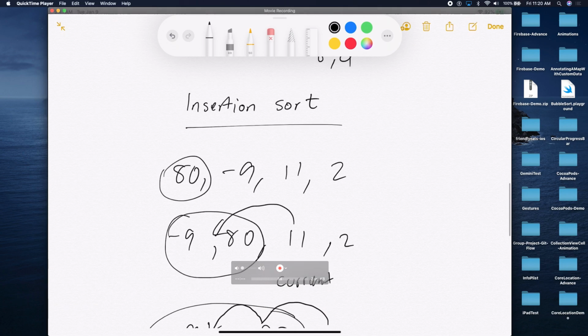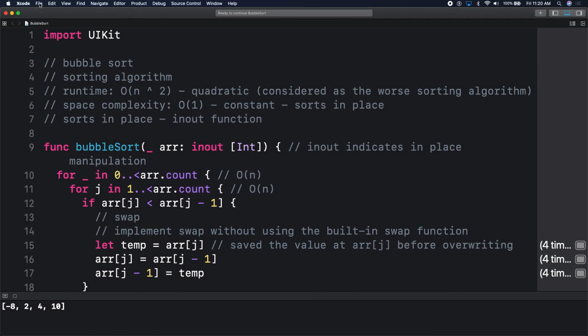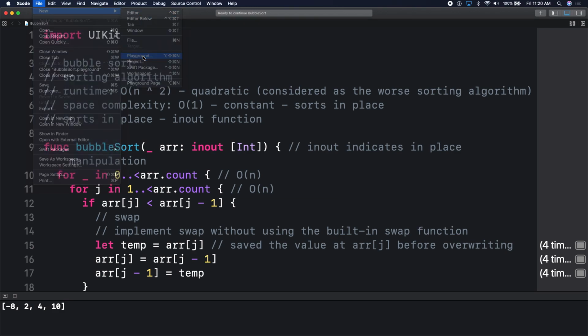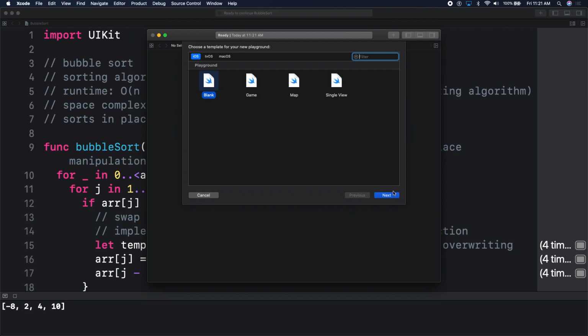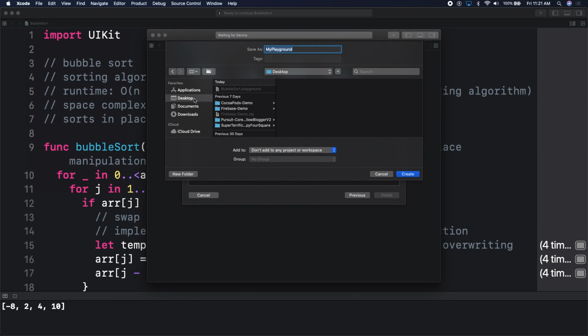So let us continue on here to Xcode and implement this. Create a new playground, and we'll call it insertion sort.